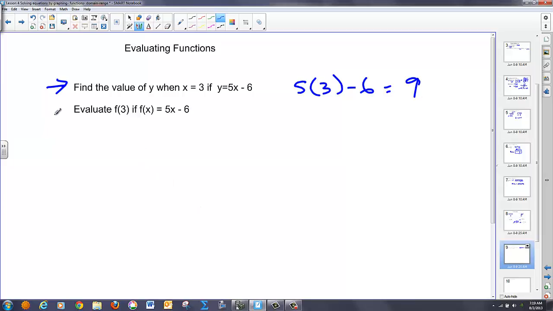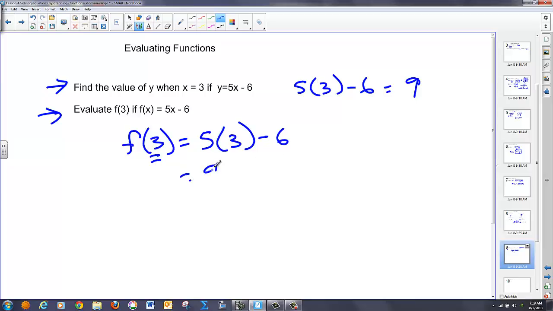Well, the way we ask that same question in function notation is we say evaluate f of 3 if f of x is equal to 5x minus 6. And this is the same problem. f of 3 is the same as taking this value and substituting it for x. So I've got, once again, 5 times 3 minus 6, or 9. One's in function notation, one's not. Nothing to get worried about.